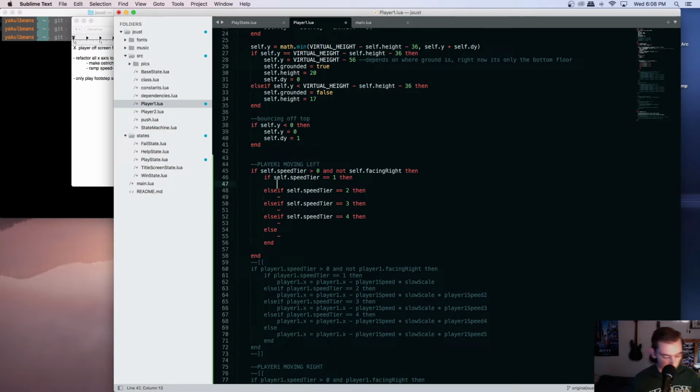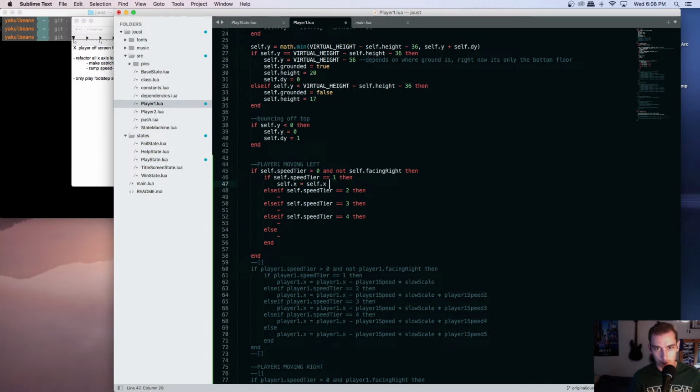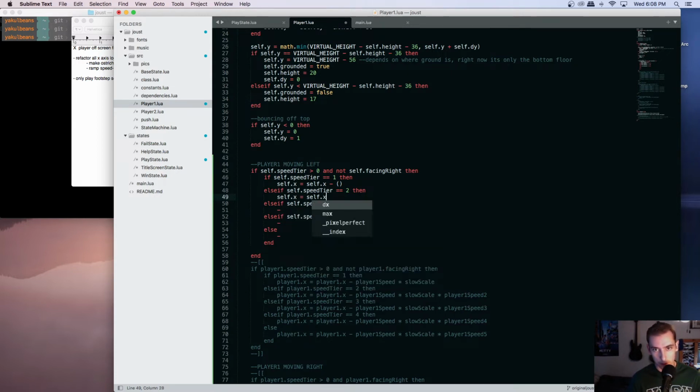So self.x will get its current x, and moving left, that means we're going to minus whatever value I calculated up above there. Self.x gets its current x moved to the left by whatever that value was.